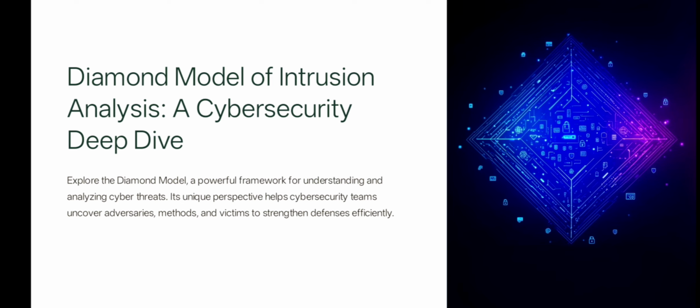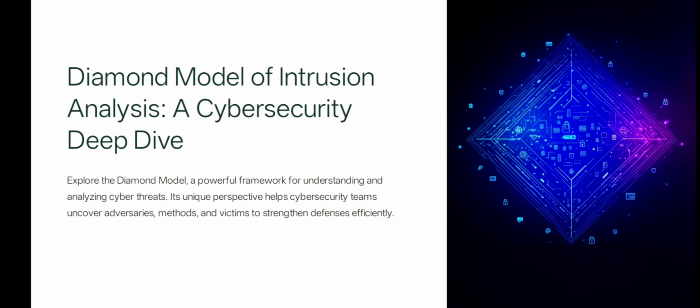3. Core structure of the Diamond Model. At its heart, the Diamond Model presents an intrusion event as a relationship between four core features, forming the points of a diamond. 1. Adversary, the entity, human or group, responsible for the intrusion. 2. Infrastructure, the resources, IP addresses, domains, hosting servers, used by the adversary. 3.